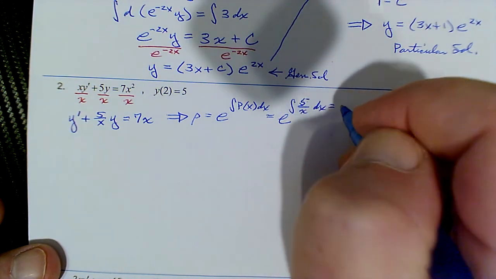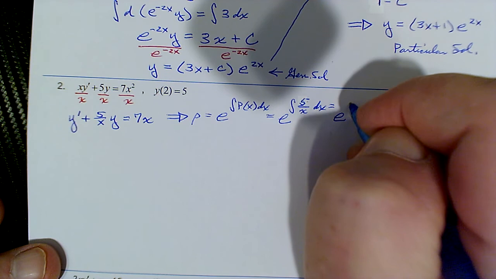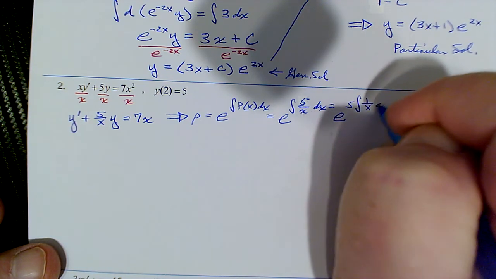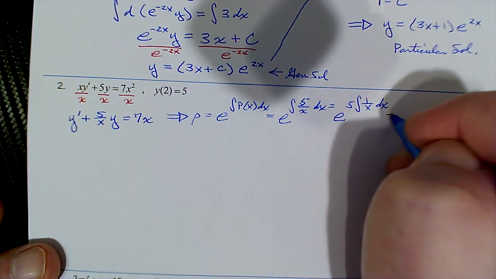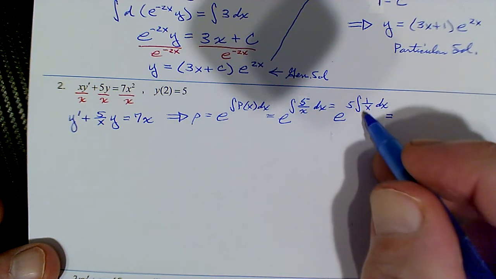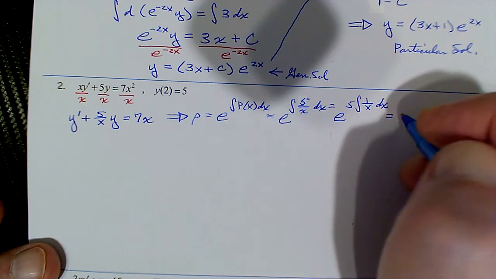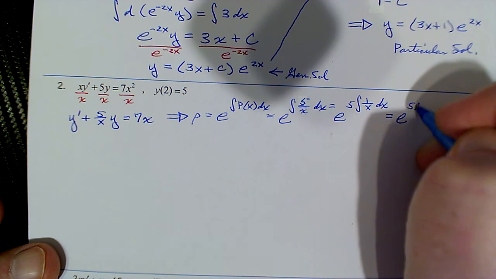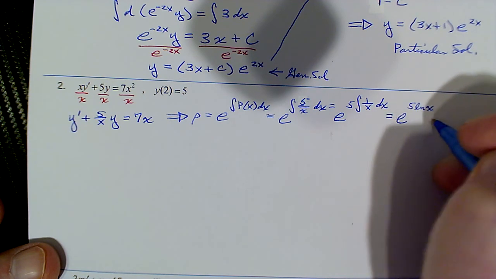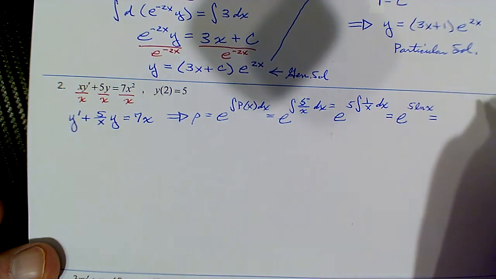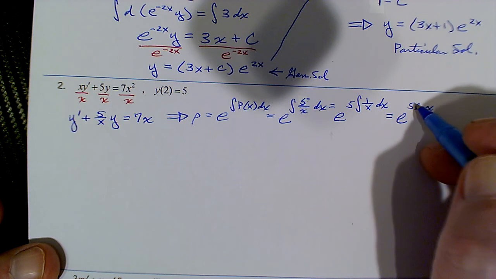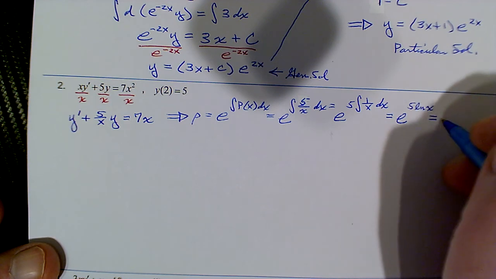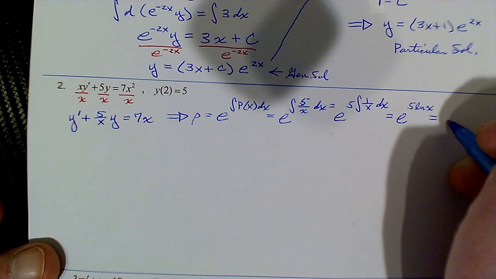Now if you want to factor out the 5, you can. But then the integral of 1 over x with respect to x is the natural log. So e to the 5 natural log of x. And then what we could do is use our power property for logs, bring this coefficient up to be the exponent on the argument.